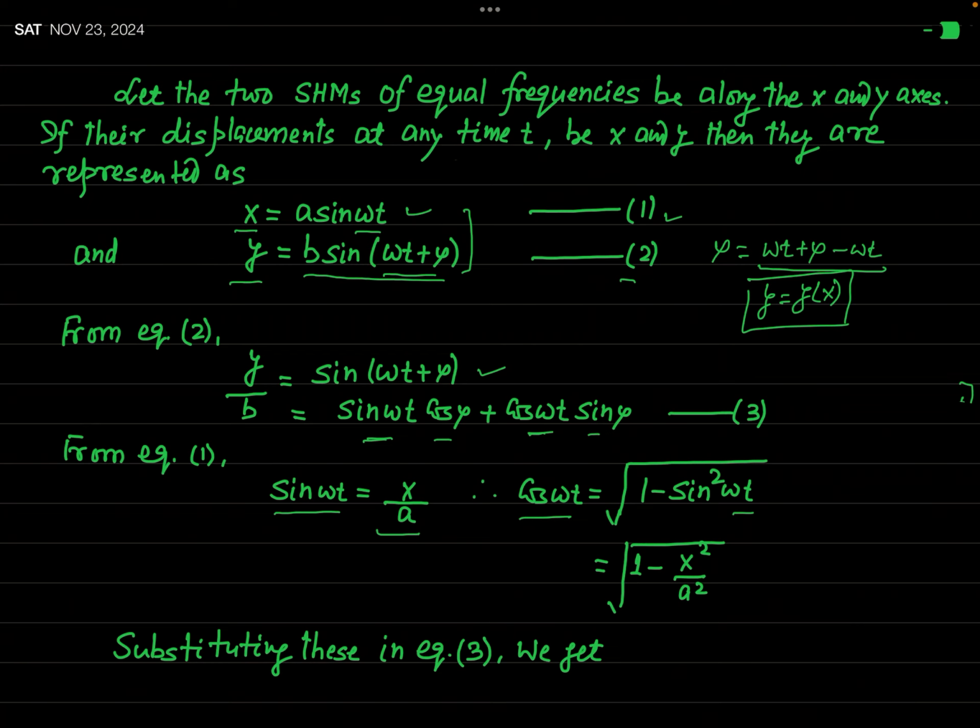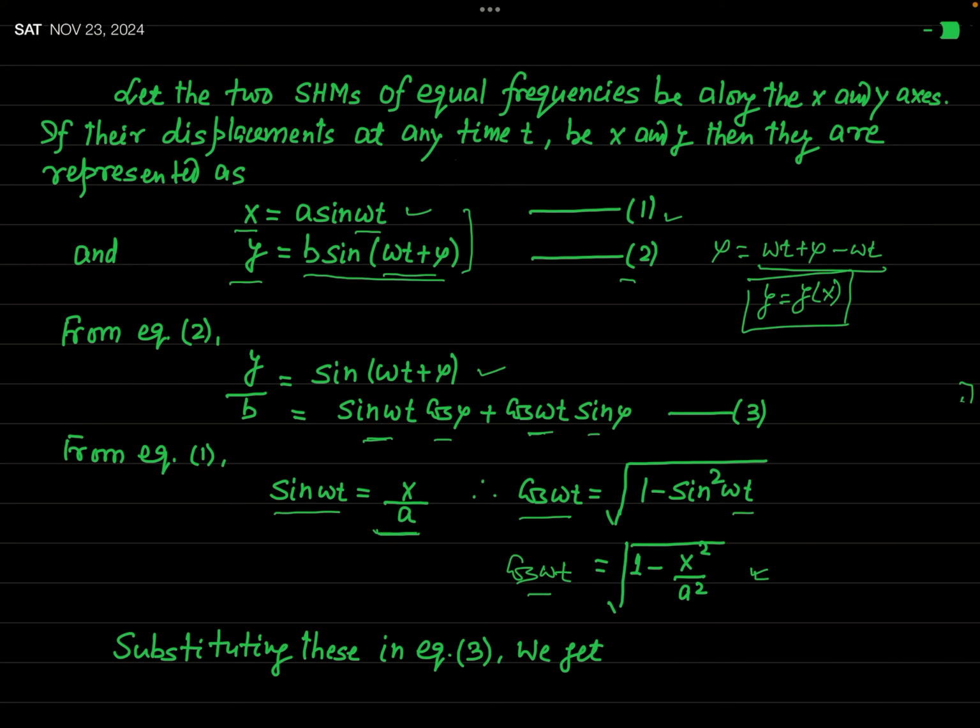But sine omega t is x by a, so when you substitute its value, the result will be cos omega t equal to the square root of 1 minus x square over a square. In this way, we have obtained sine omega t and cos omega t in terms of x.